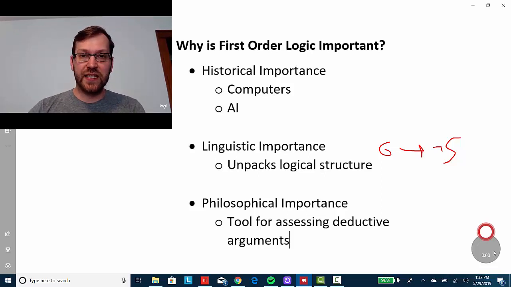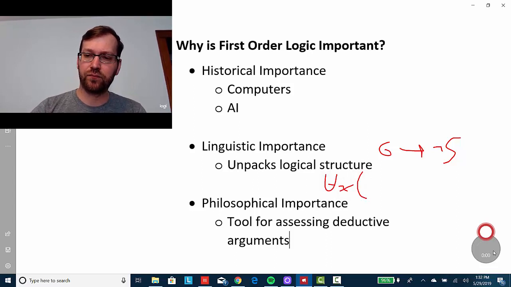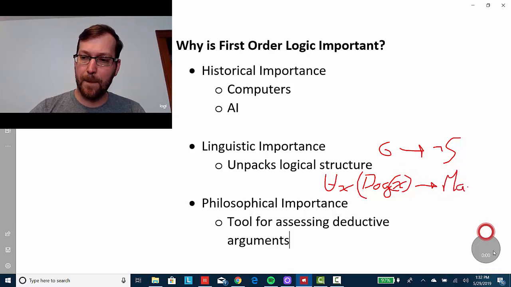But take a sentence such as, all dogs are mammals. With that, we end up symbolizing it with the universal quantifier, and we're going to have predicates this time. So for everything, for all x, if we find out that an x in question is a dog, then it's a mammal.